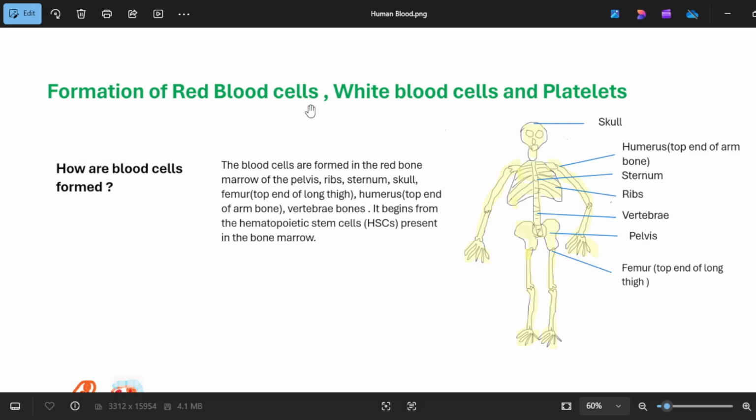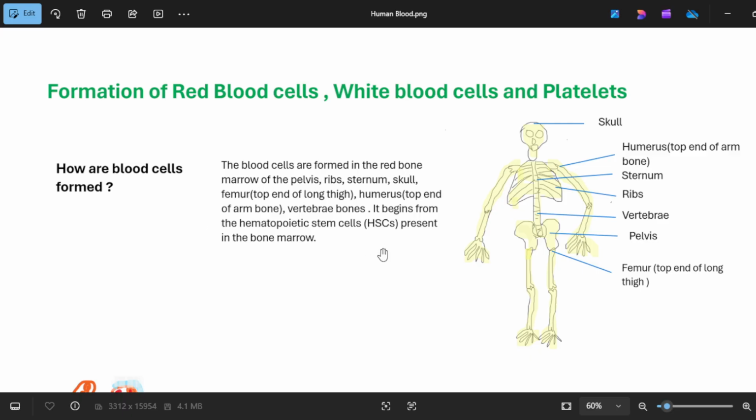So red bone marrow is present in these particular bones: skull, humerus, the top part of the arm bone, sternum, the ribs, the vertebrae, the pelvic bone, the top part of the thigh bone, that is femur. So in the top part, in all these places alone, you can see the red bone marrow.